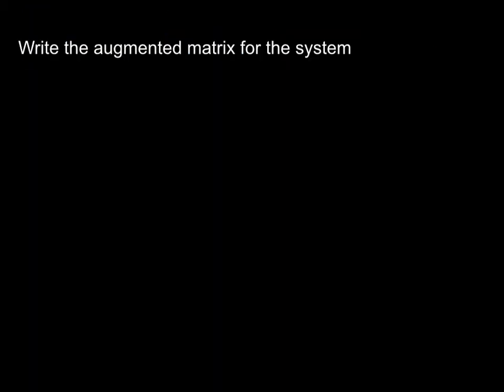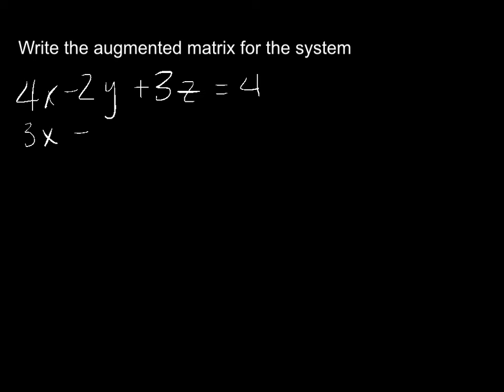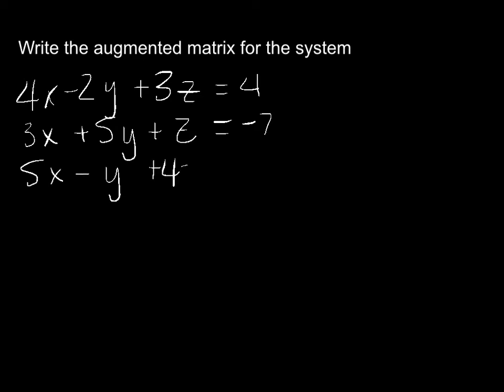Okay? I'm going to be looking at writing a matrix from a system. This is going to be really simple. All you do is use the coefficients. So if I have 4x minus 2y plus 3z equals 4, 3x plus 5y plus z equals negative 7, and 5x minus y plus 4z equals 6.